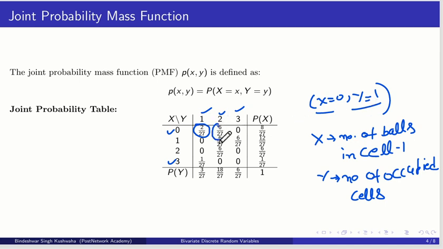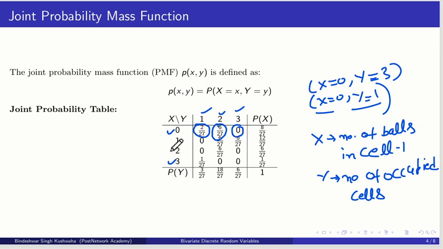And again, two cells are occupied, but in the first cell there are no balls. X is 0 and Y is 3, I am talking about here, so that probability will also be 0.